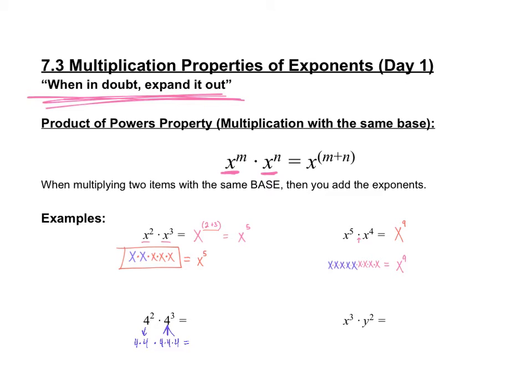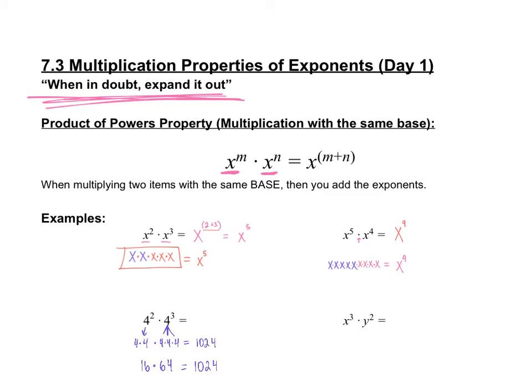If I just do 4 times 4 times 4 times 4 times 4, I get 1,024. Another thing I could have done is 4 squared is 16, 4 cubed is 64. 16 times 64 is, in fact, 1,024.